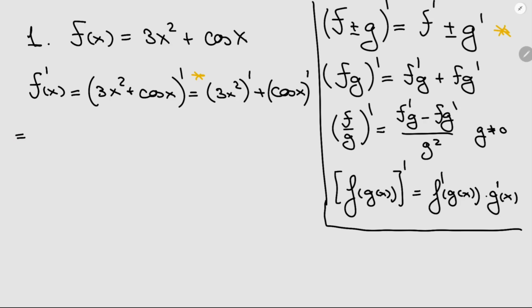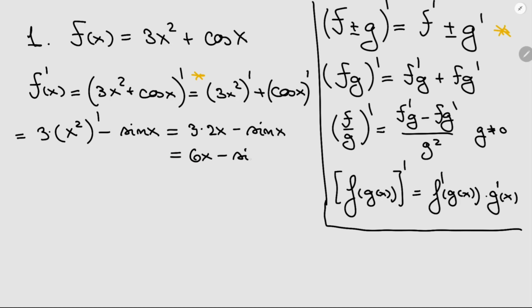And going forward, the derivative of 3x squared only passes to the x squared, so we can move the 3 in the front, and the derivative of the cosine of x is equal to minus sine of x. So once again, the derivative of x squared is equal to 2x, giving us 3 times 2x minus sine of x, equals 6x minus sine of x.